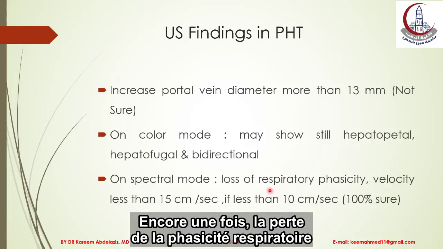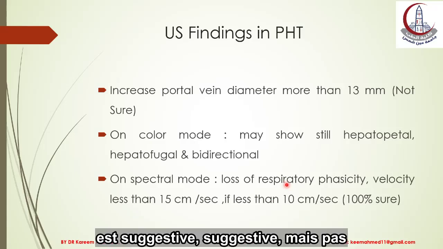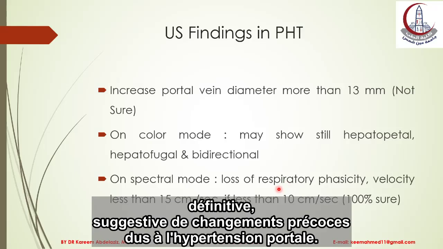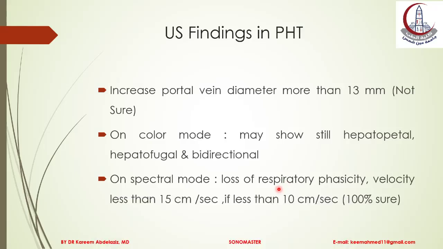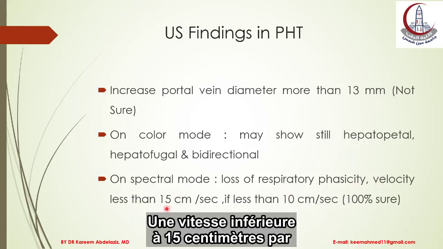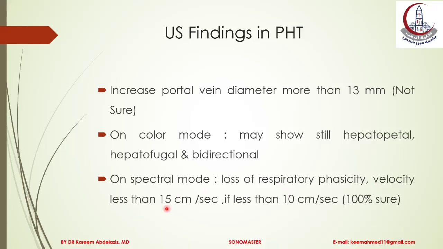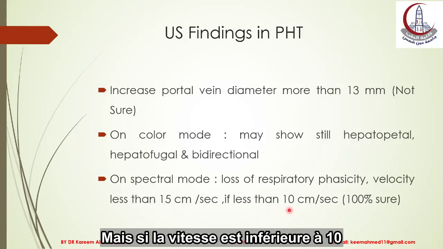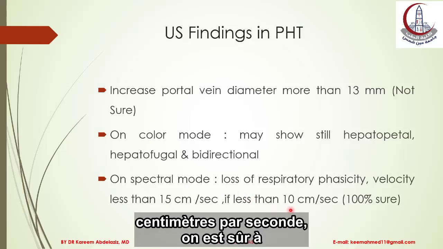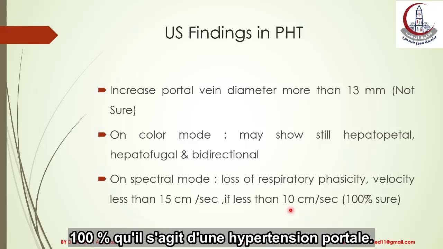So again, loss of respiratory phasicity is suggestive, not definitive, of early changes due to portal hypertension. Velocity less than 15 centimeters per second, from 10 to 15, is also suggestive of early changes of portal hypertension. But if velocity reaches less than 10 centimeters per second, this is 100% sure we are dealing with portal hypertension.